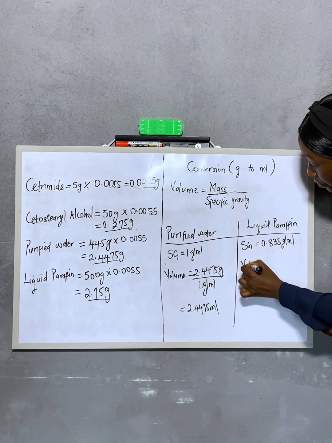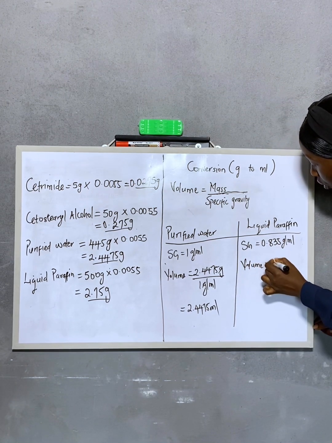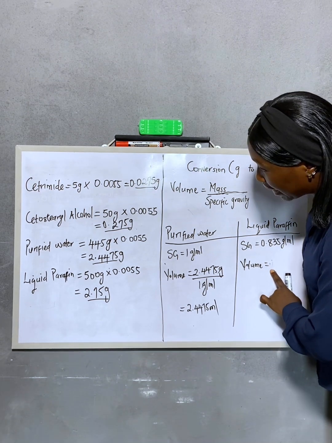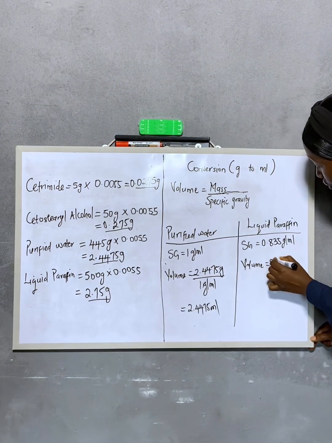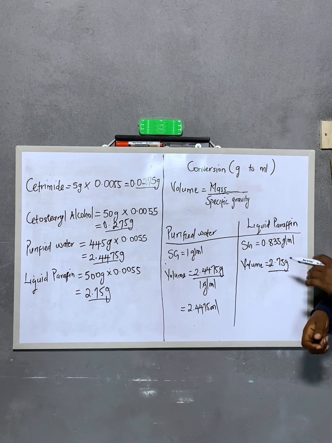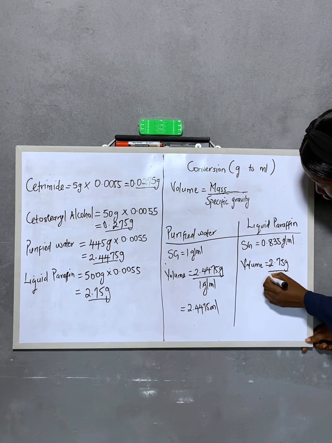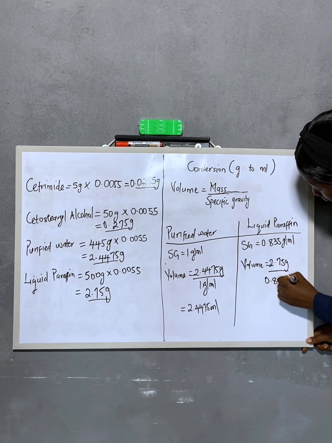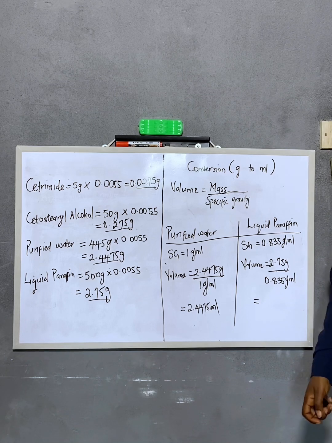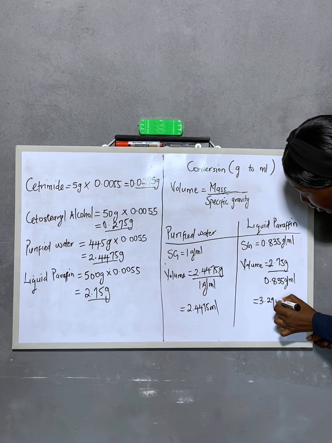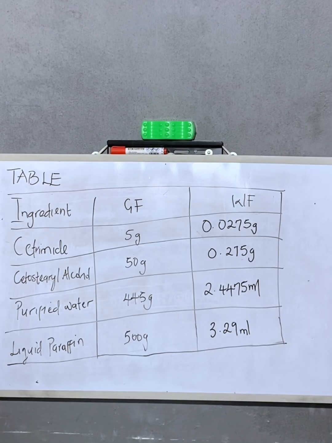Now your volume will be equal to the mass, which is 2.75 gram divided by your specific gravity, which is 0.835 gram per mil, which will give you 3.29 mil. Once that has been established, you have your table this way.